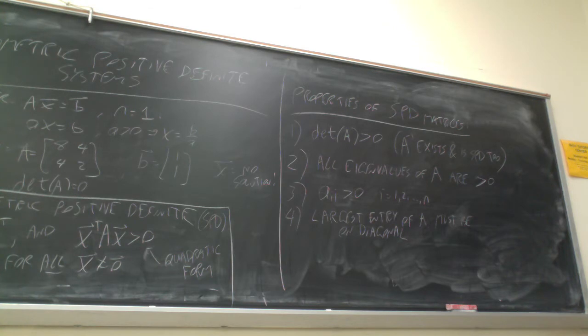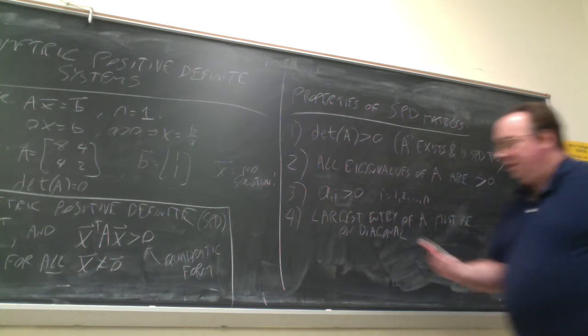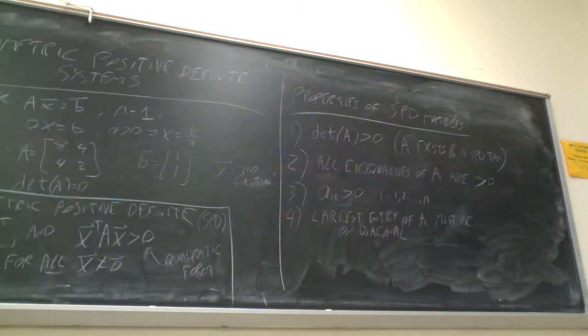It's not easy to check. But I can give you conditions that can be checked to be absolutely certain that it's SPD. However, whether it's practical to check this way is another matter.